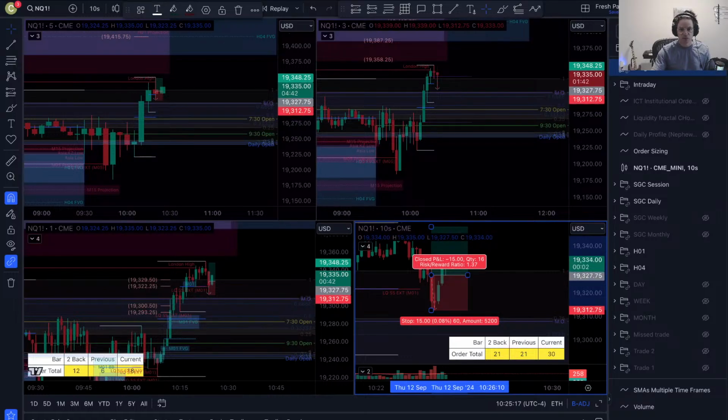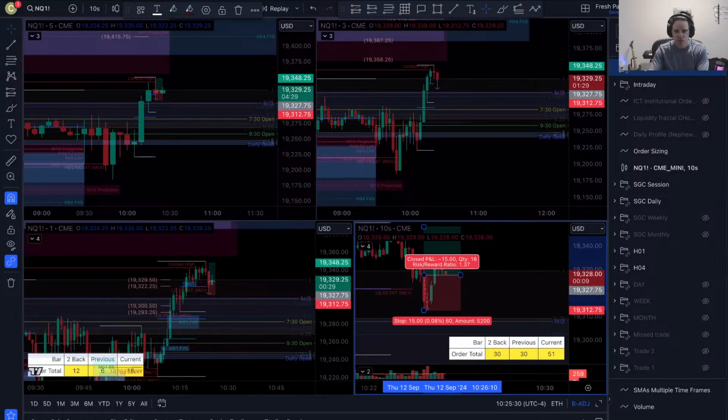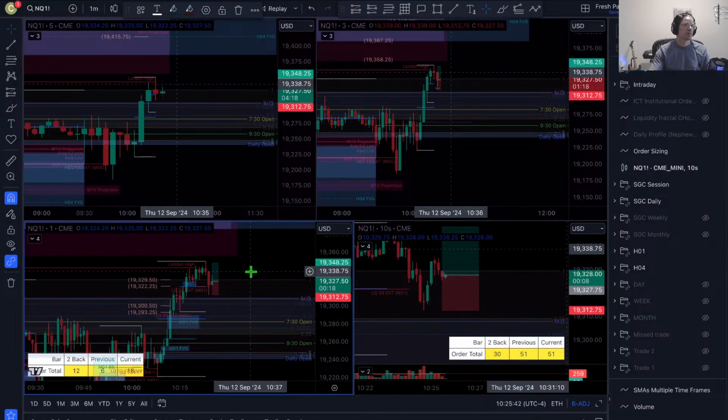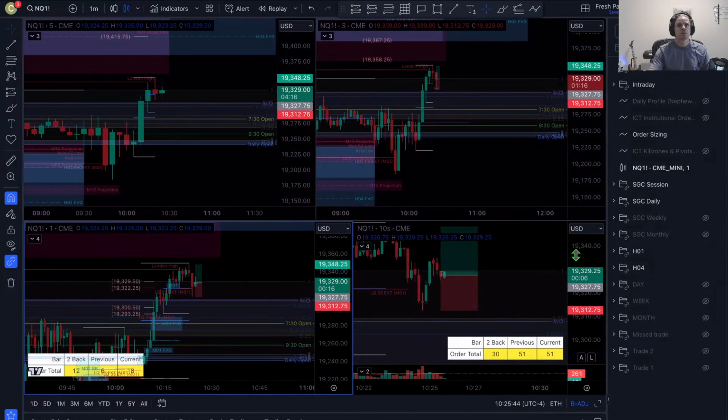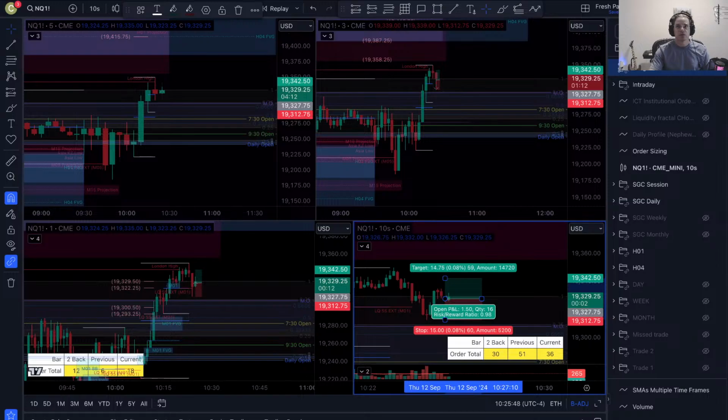Am I missing it? I already missed the entry right there. Fuck. Gotta get used to this. Okay, I entered that trade. One-to-one's right there, 42.50.